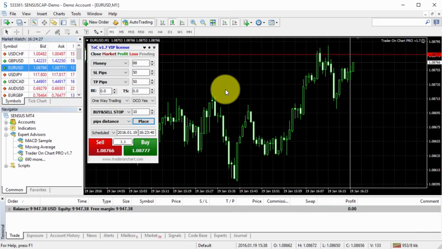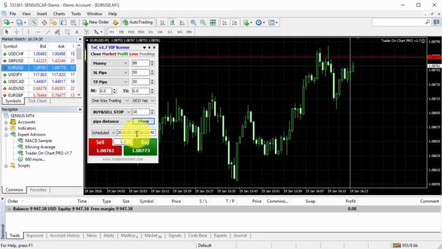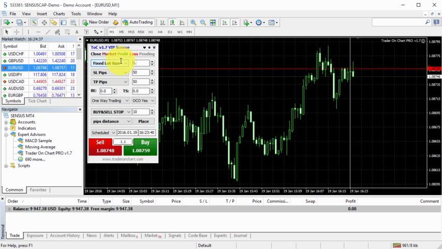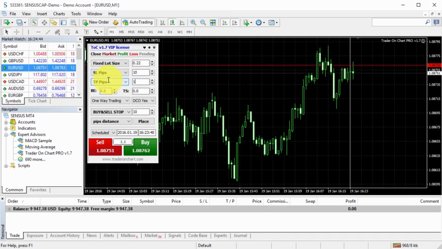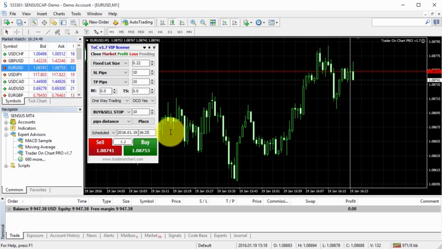So let's try to schedule something else. Let's try to schedule, let's say, fixed lot size of 0.22 with stop loss of 10 and a take profit of 10, and let's schedule it at 25 minutes and click buy.